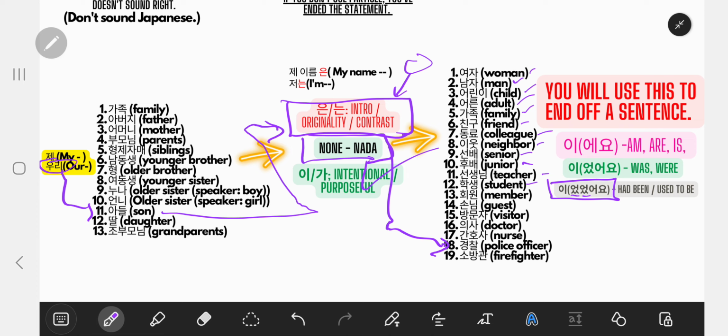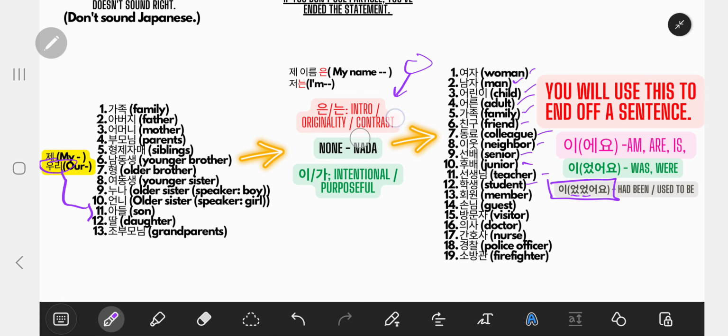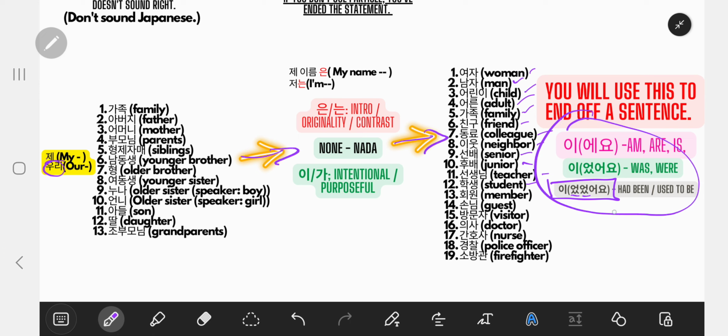My son, in comparison to yours, or my son in particular, as opposed to your son or daughter or children, it could be anything, is a police officer. So basically you're doing this, picking this, then going here, and then you're ending it off with an aux verb of your choice.